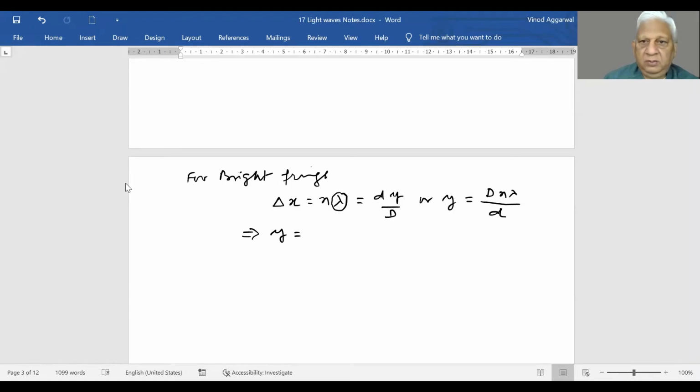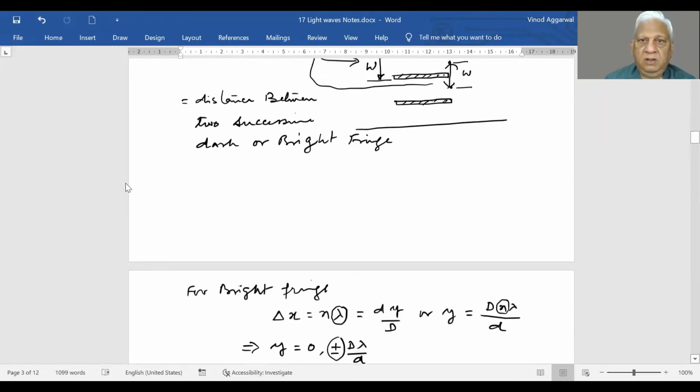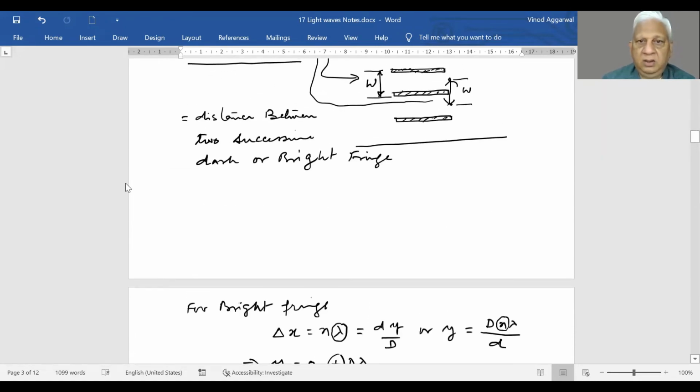If we put n as 0, this will be 0, then it will be plus minus. Why plus minus? Because we have seen our fringes are symmetric about the center line.